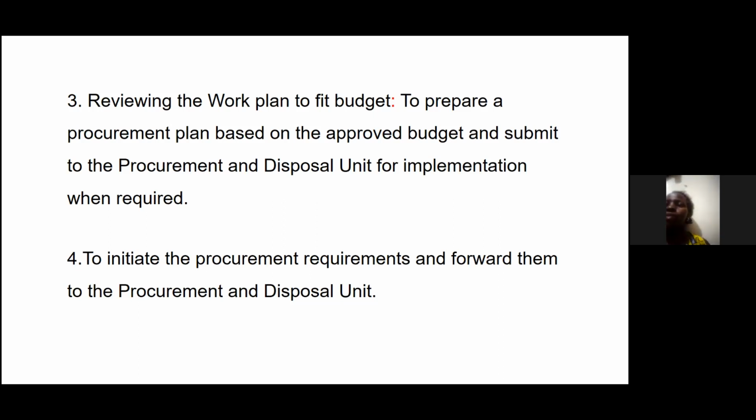Also, when the work plan is done in accordance with the approved budget, it ensures transparency across departments, and it ensures that departments become more accountable for their finances when work is done according to the approved budget.